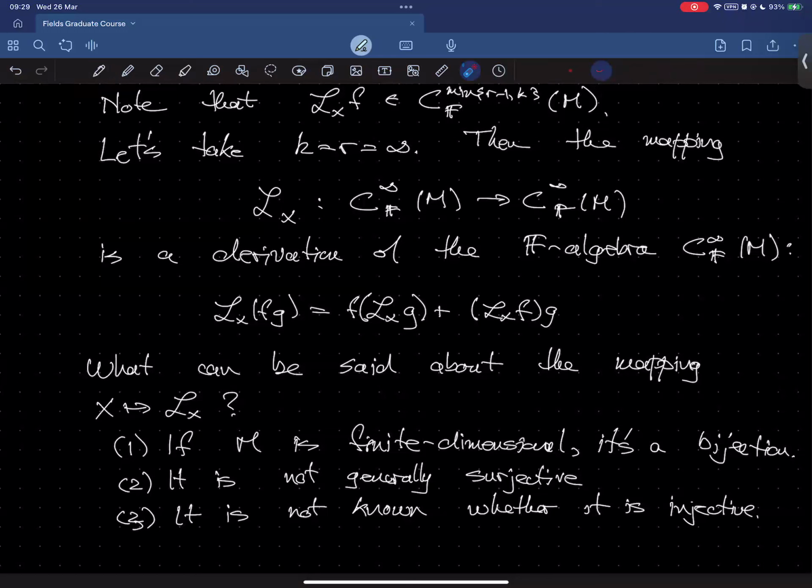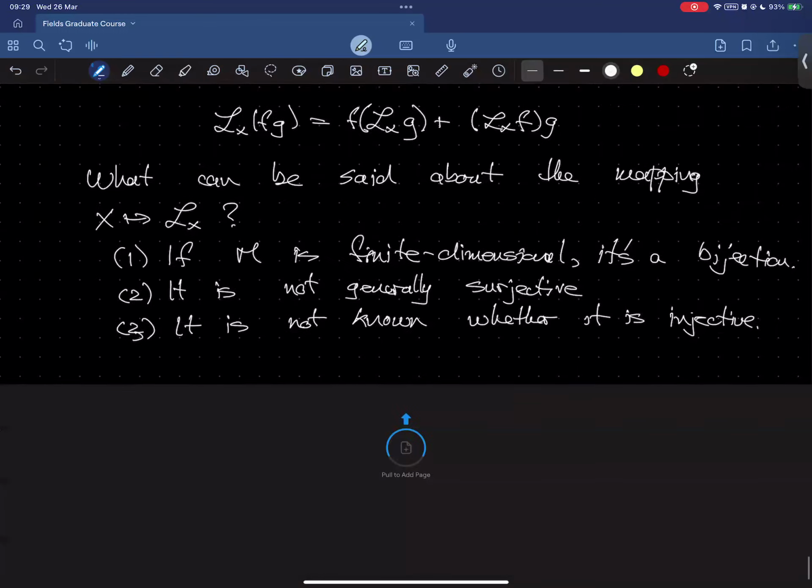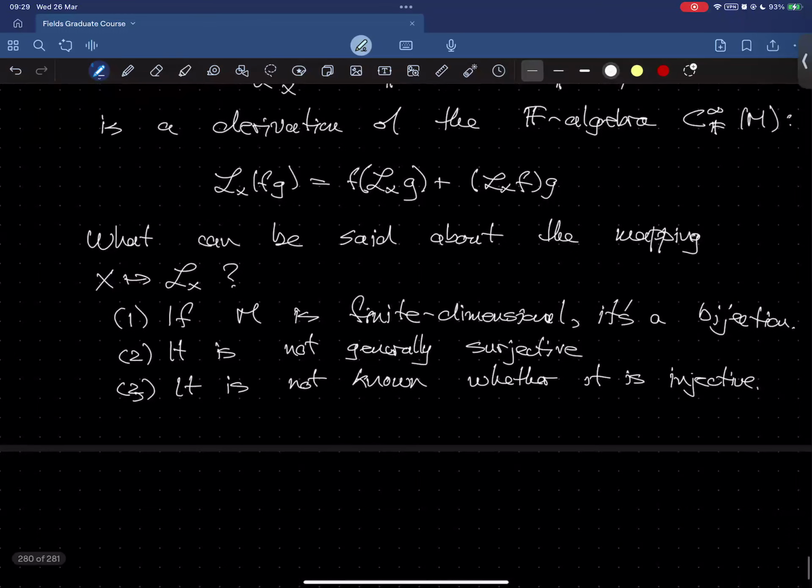And so this again is a point of departure from the finite dimensional theory, where if you can show that something is a derivation, then you can conclude that it's a vector field. That's not generally true in infinite dimensions.